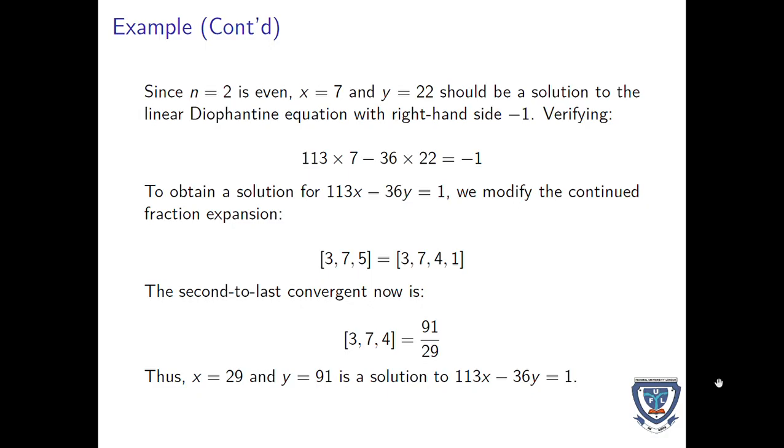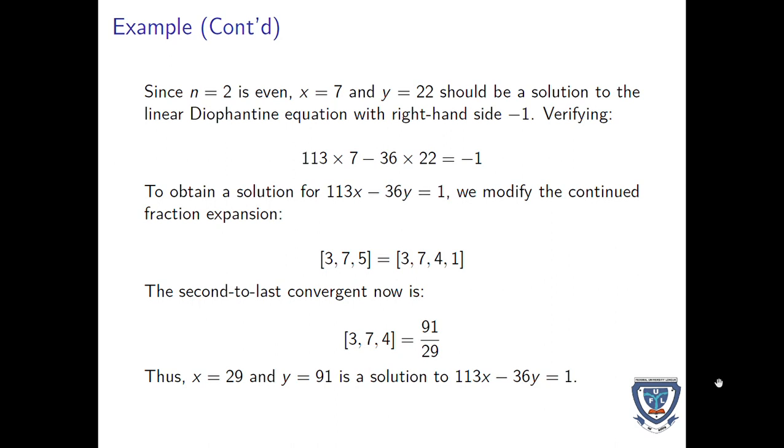Verifying: if we make our x to be 7 and our y to be 22, we are going to get minus 1, but that is not the question. The question says we should get 1. Therefore, you move a step further. To obtain a solution for 113x minus 36y to give us 1, we modify the continued fraction expansion.